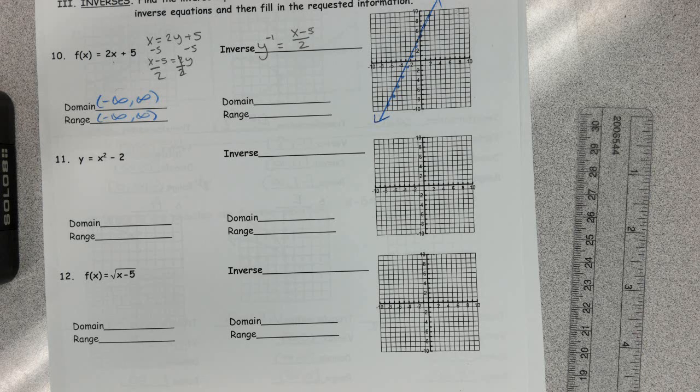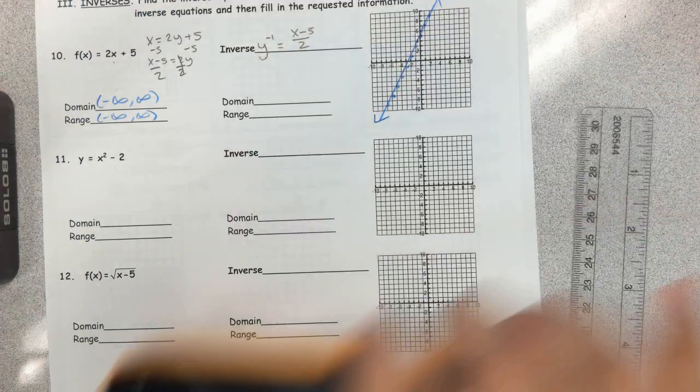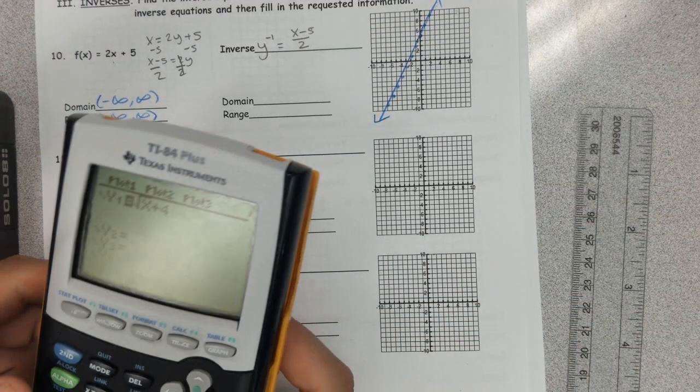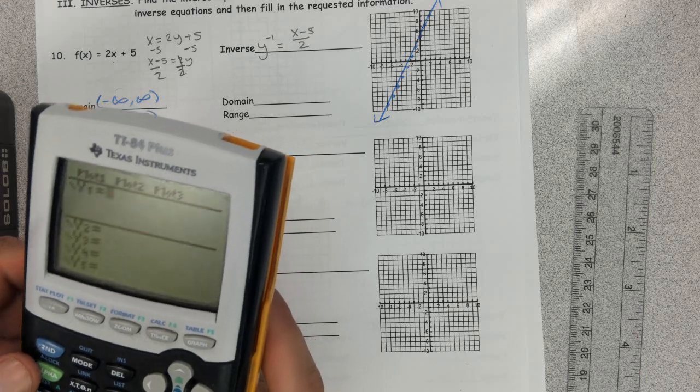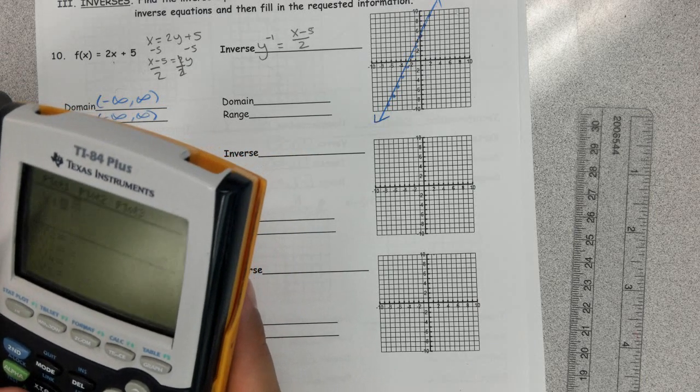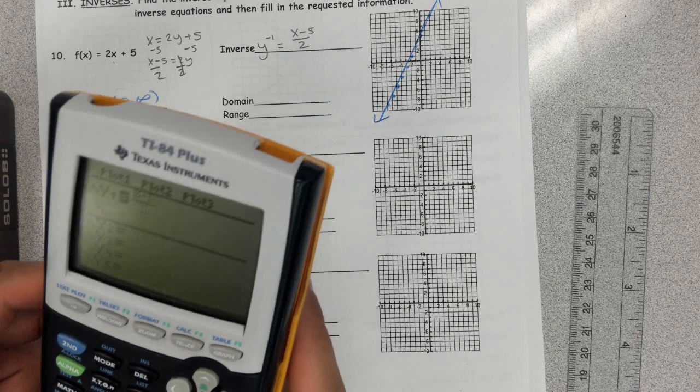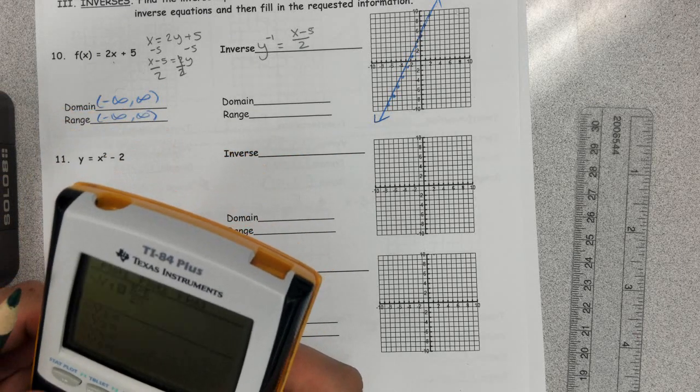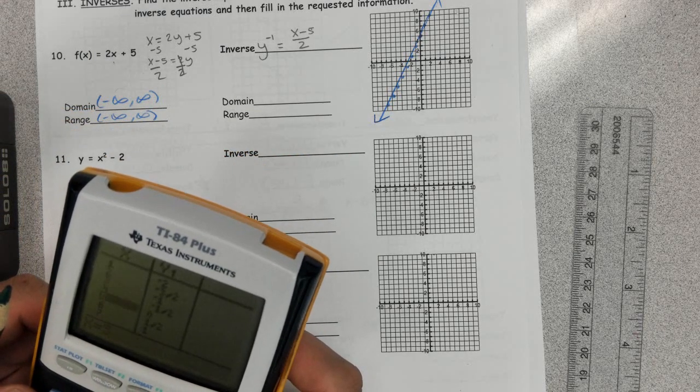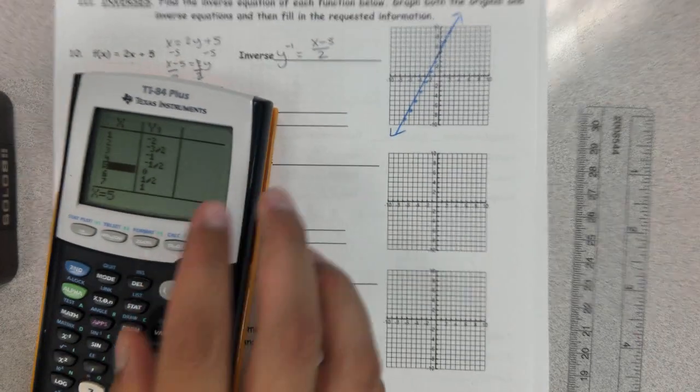Alright, so now let's graph this one. So you could type this into the calculator, get the points. Someone's going to get a couple points.